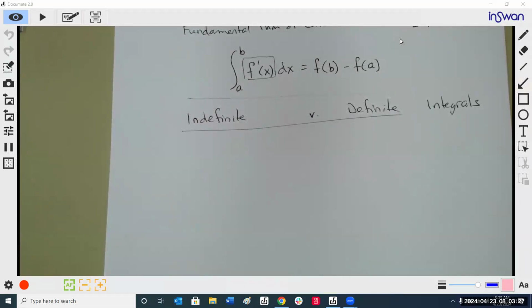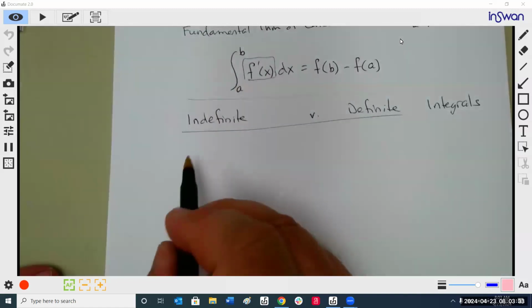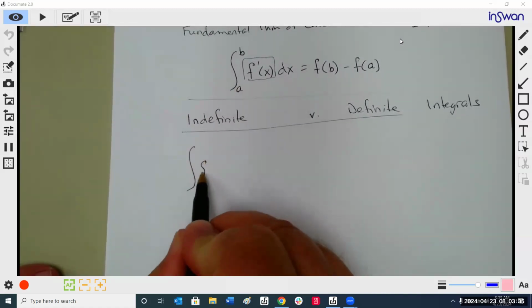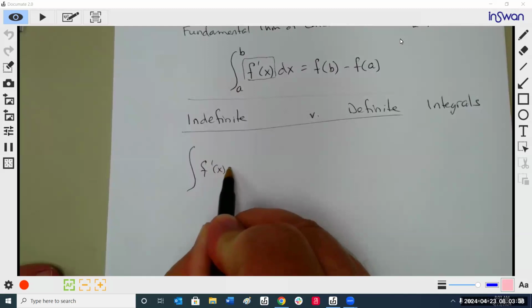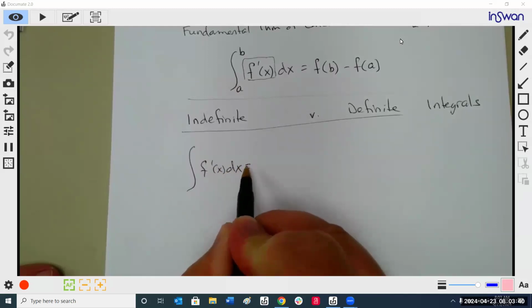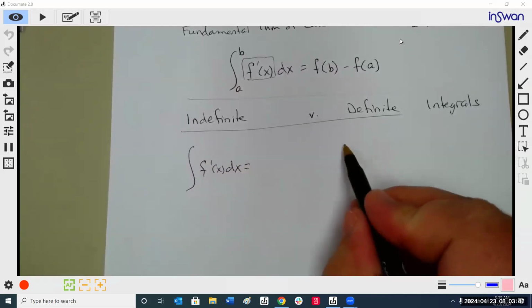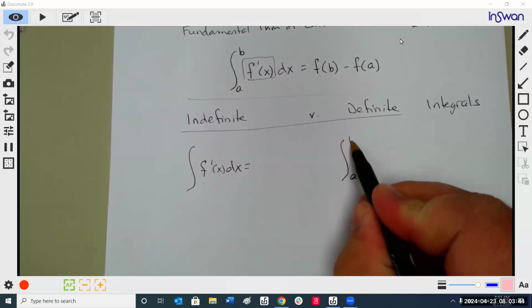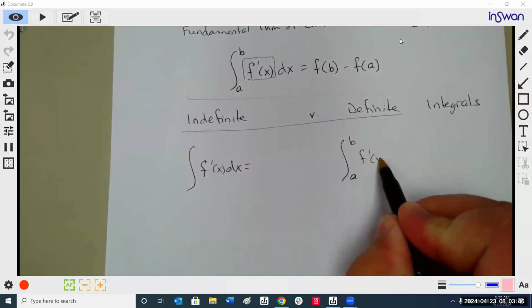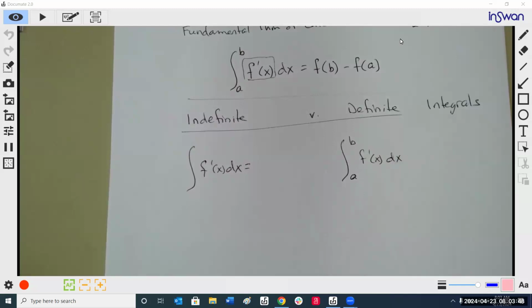Definite means that's like x going to infinity. Yes, because there's no bound. Indefinite means there's no bound. So, as opposed, you're right, a definite integral has a bound for a restricted domain.